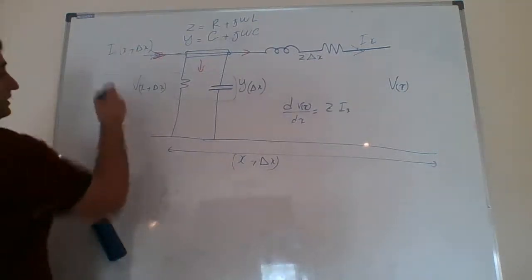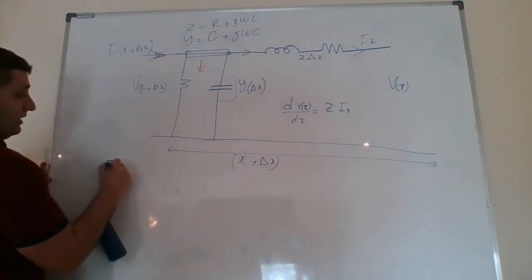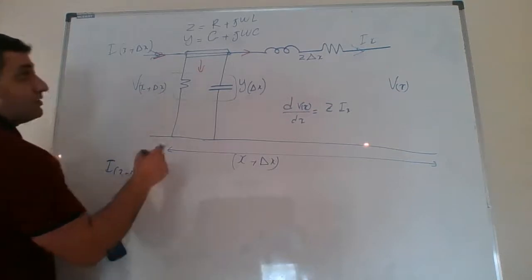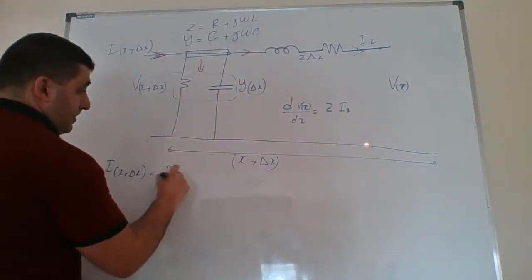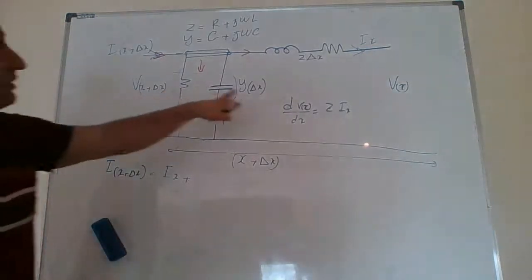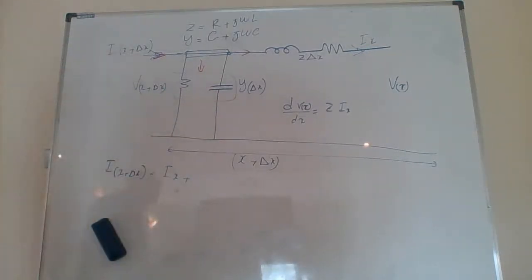Look, this current, I have I at the distance x plus delta x, it's equal to Ix plus this current. What's this current? It's this voltage times Y delta x.